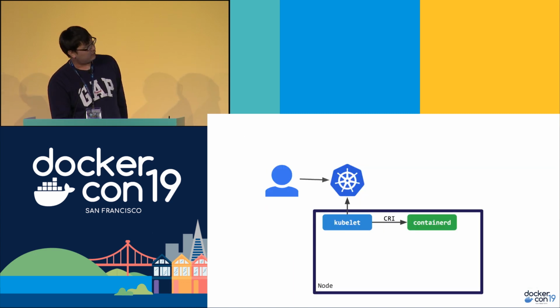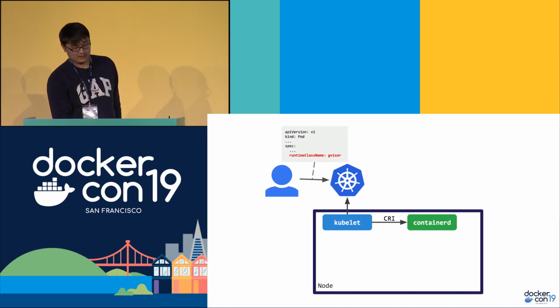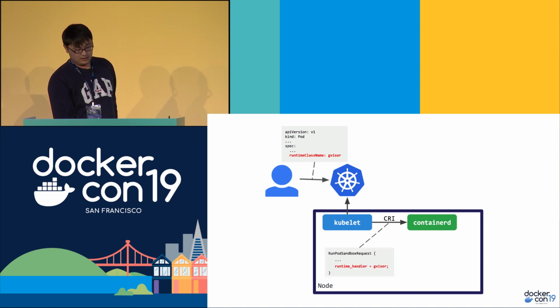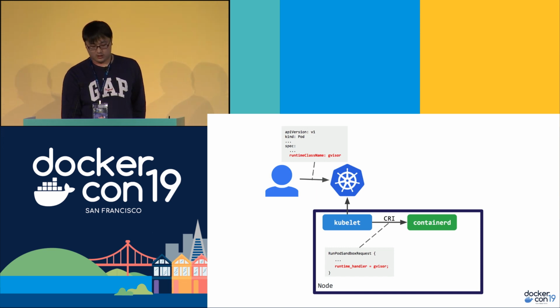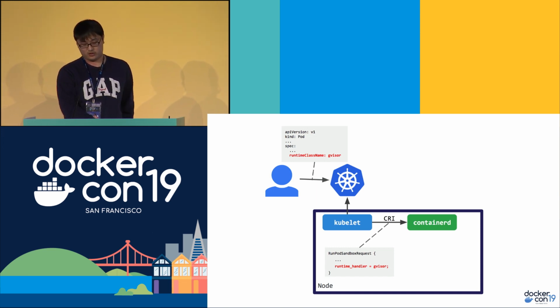And basically, from a high level, when a user creates a pod, they say that I want to run this pod in gVisor, so it specifies the RuntimeClass gVisor. And then when Kubernetes creates the pod, it tells containerd, please run this pod with the runtime handler gVisor. Basically, run it in gVisor.